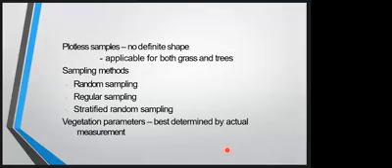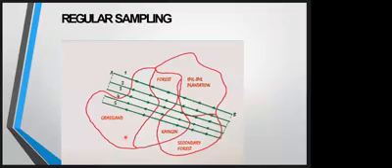This is an example of random sampling. For example, this is your area, 10 meters by 10 meters or 1 hectare of land. You can sample here, here, or anywhere, marked with an X. So that is random sampling.